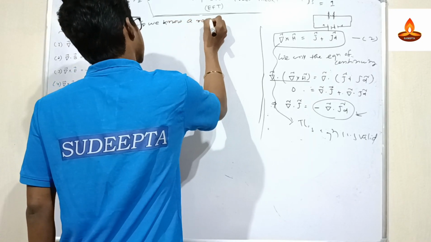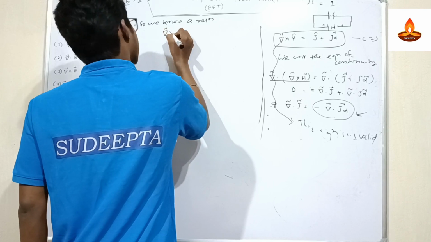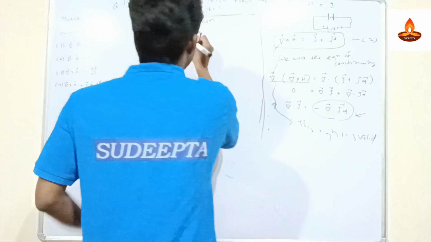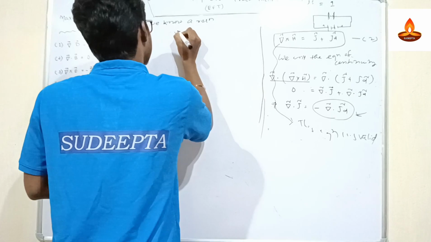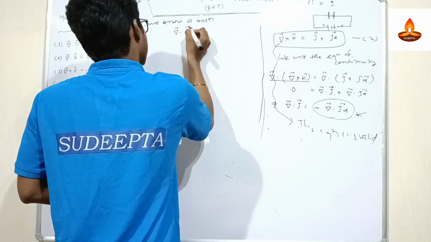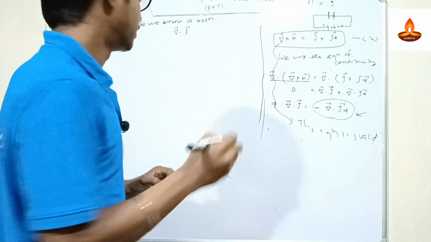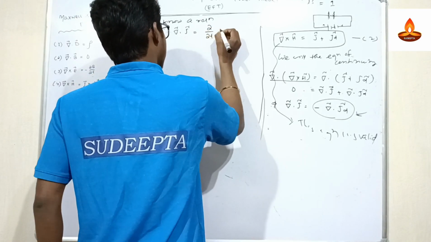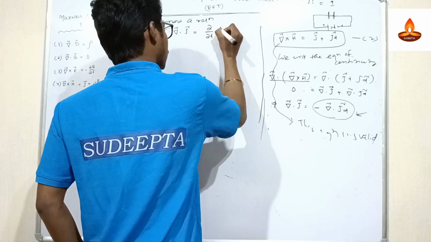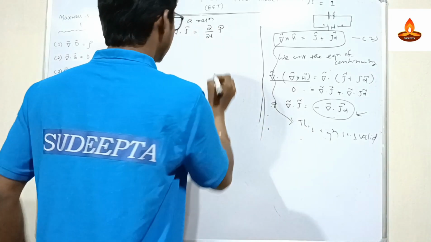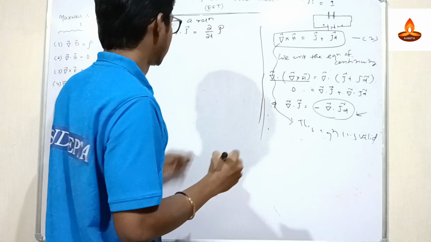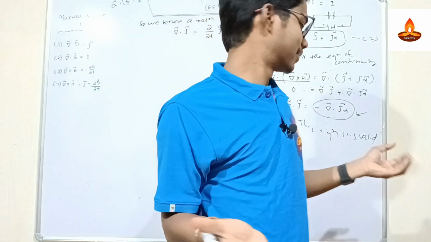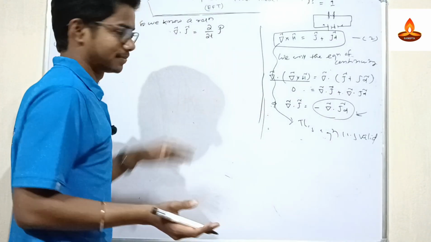The relation is that divergence of current density is equal to minus the derivative of rho, that is the volume charge density. This relation we all know from before, so we'll just use that here.